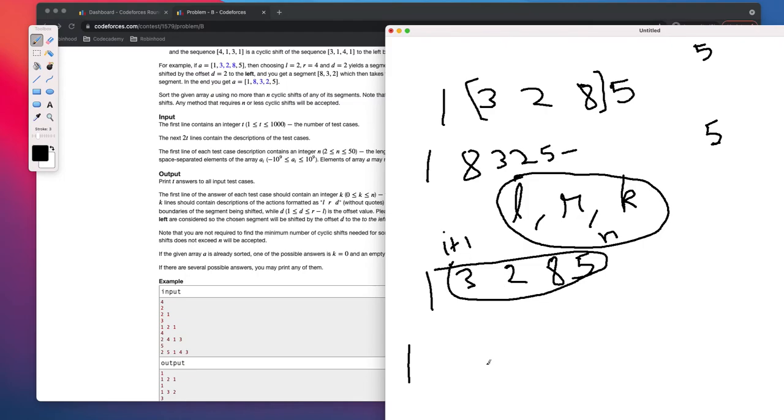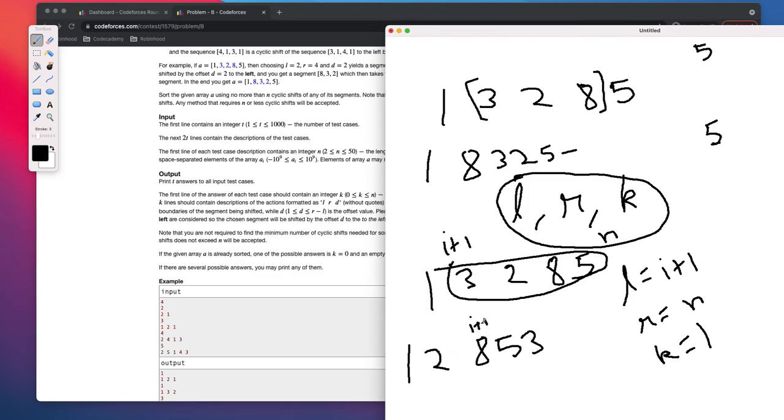So I set left as i plus 1, right as n, and I select k as how far this 2 is from its rightful position. 2 is one position away from its rightful position, so k is 1. After I rotate this by 1, my array would look like this, so now we see that 2 is at its position. Now let's come to the next i. So this is now the next i.